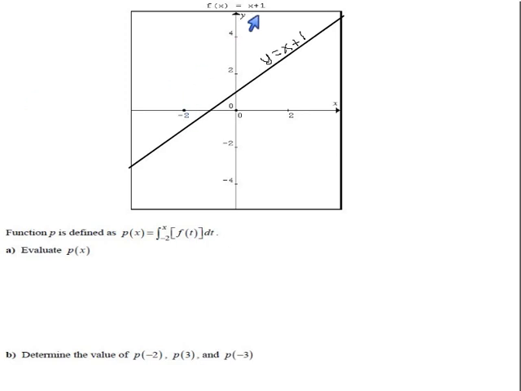Okay, so we're given a function here, and they say right up at the top that this function is y equals x plus 1, so it's a nice straight line. And then they talk about the integral, meaning the area under that function, starting at -2 and going up to a stopping point to be determined later.